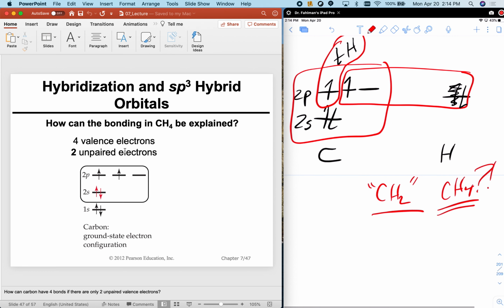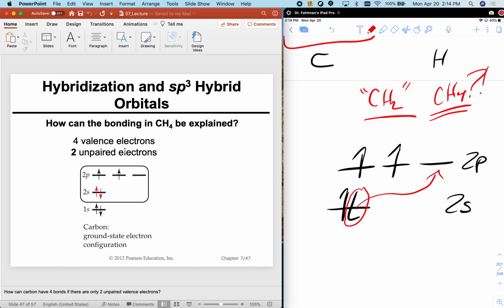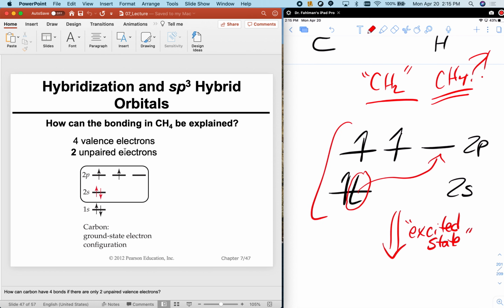If you have this configuration, does everybody see that if I move one electron, say this one, into that empty orbital, I'll have an excited state? This is really still the ground state configuration. So the lowest energy or most stable configuration for carbon is still that.